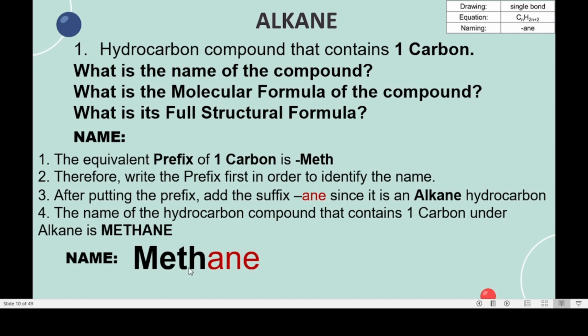So that's why I write the word meth. Write the prefix first in order to identify the name. Third, after putting the prefix, add the suffix. Since we are talking about alkane, we must use the suffix ane. So add a and e to the word, and the name of the hydrocarbon compound that contains one carbon under alkane is methane. So that's how you are going to identify the name.